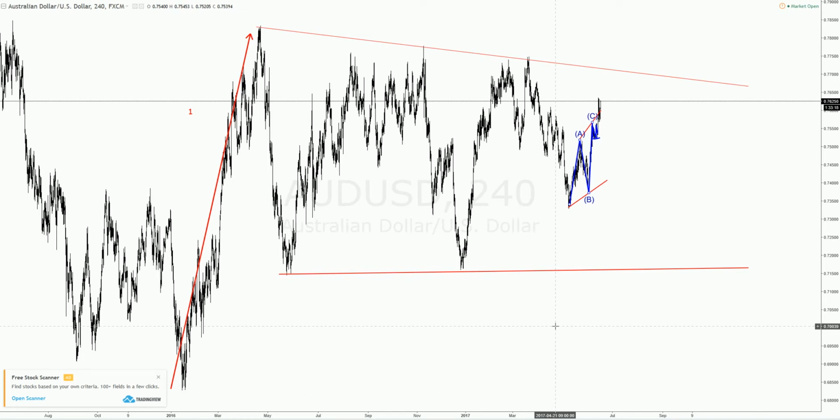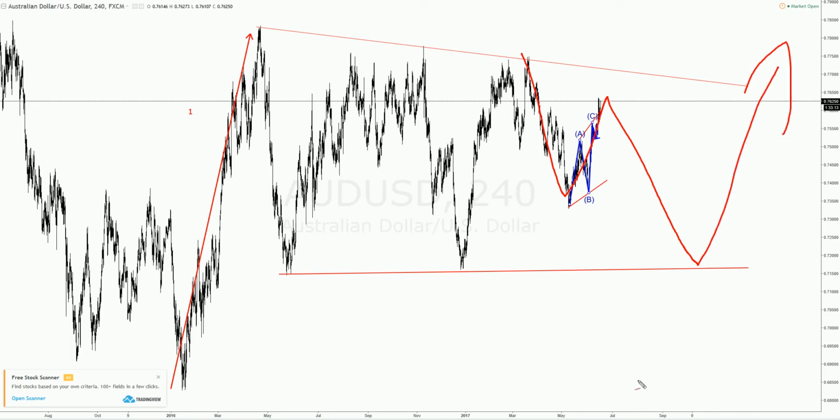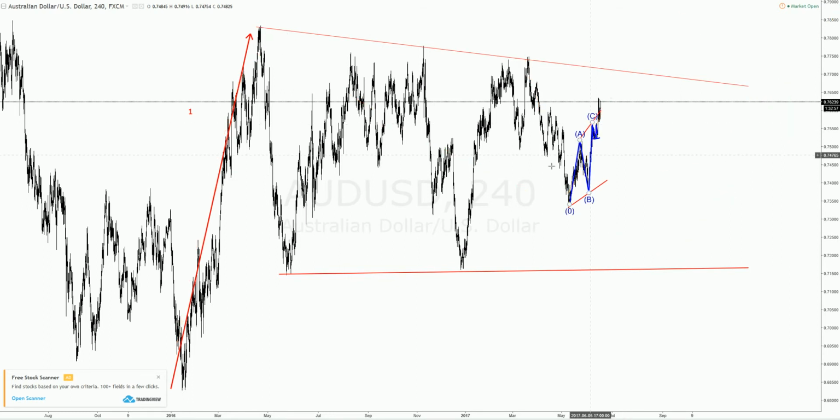Sometimes I might say a third of a position, but the whole move to me looks as a 1, corrective 2, and then a 3. And then at this point is where we'll look for a higher move, giving us a 1, a 2, and then a 3.